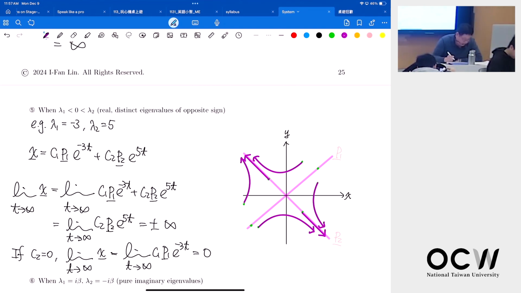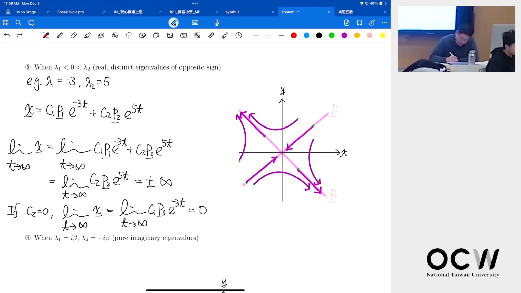But if you are on P1, they'll go to 0. And the origin is called a saddle point.